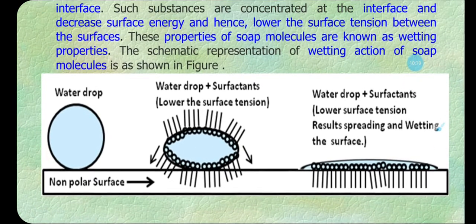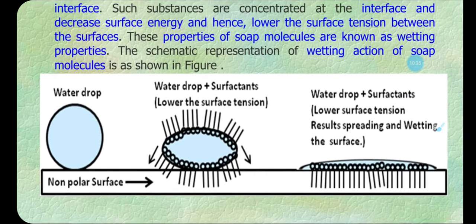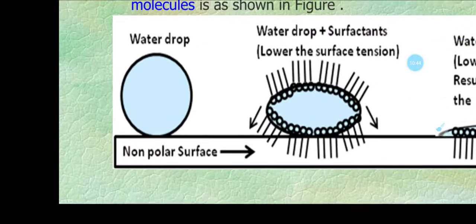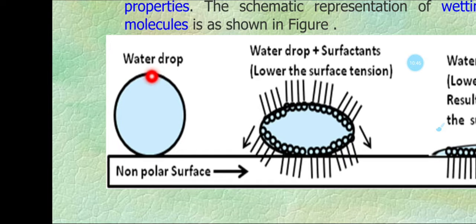So let us see. This is a water drop. This surface is a non-polar surface, so it may be an oily part, we can say a non-polar part. So this is a water drop. Why does water form a drop? Because of surface tension, which we already know about. That means the molecules of water present at the surface are attracted by the molecules present in the bulk.